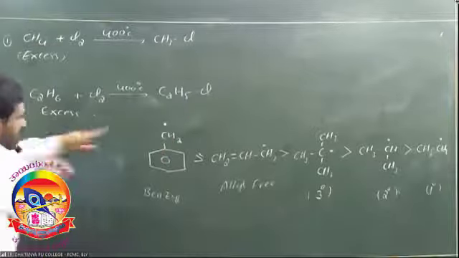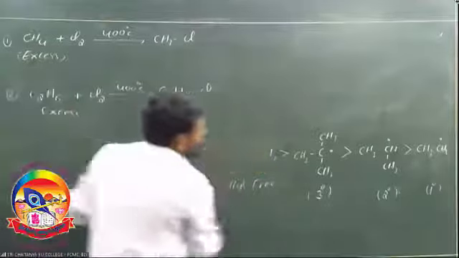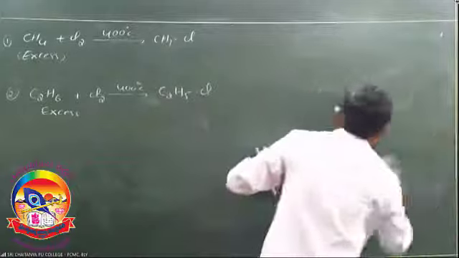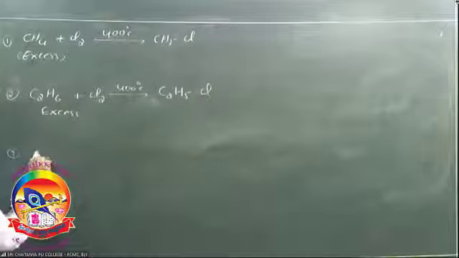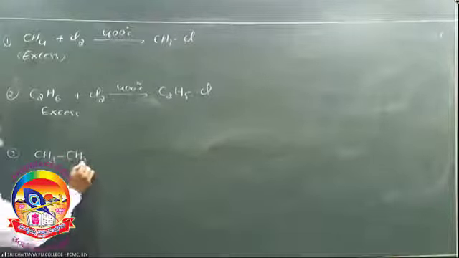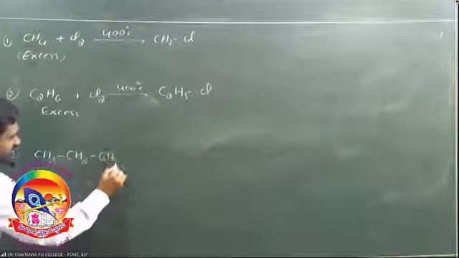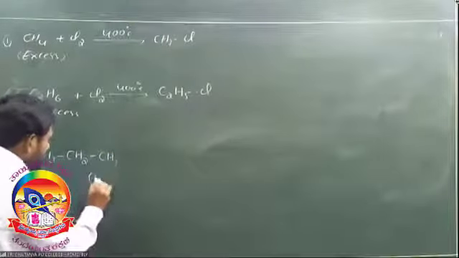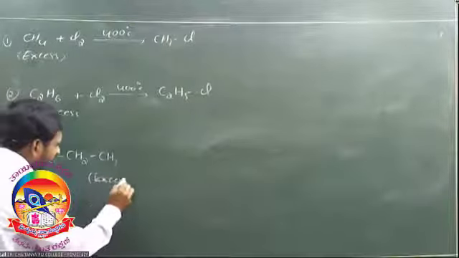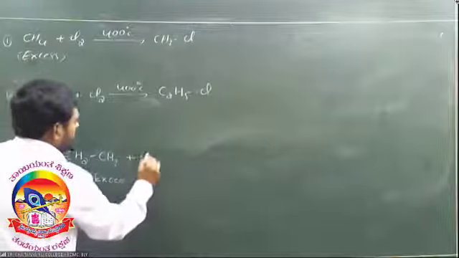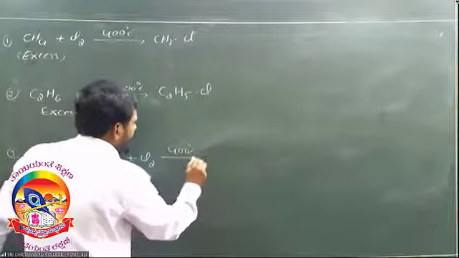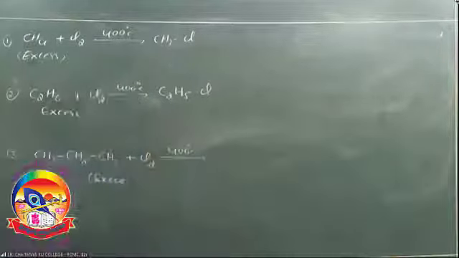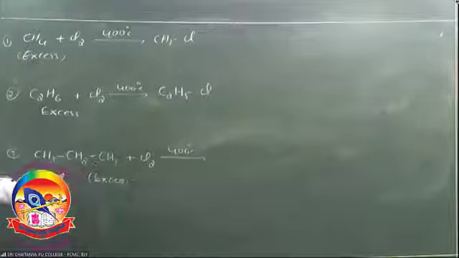So ethyl chloride is obtained. Okay, right. If you take propane, the third one, propane contains 3 carbons: CH3, CH2, CH3. Excess propane reacts with chlorine at about 400 degrees centigrade, and a monochloro-substituted product is formed.